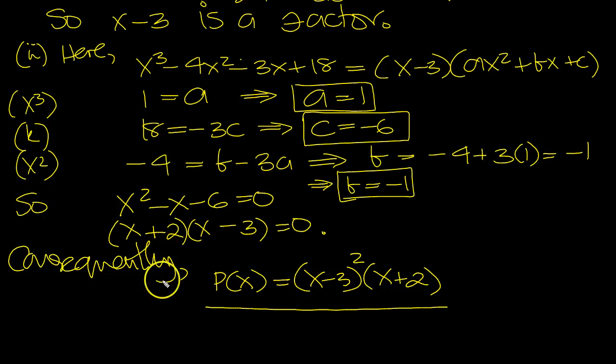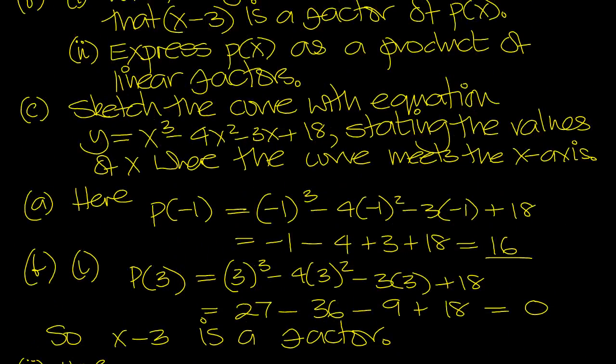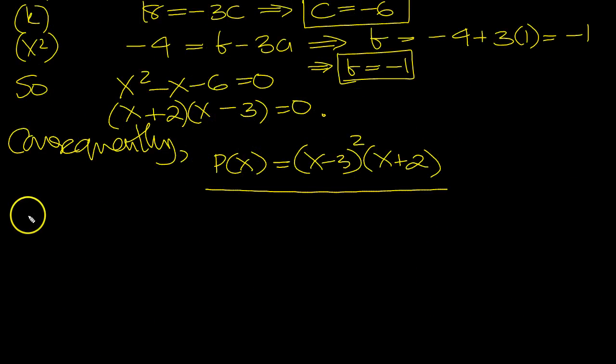So now the sketch. Okay. So what part was that then? That was B part 1 and B part 2. C, the sketch. So this is C now. So we'll draw a couple of lines here.